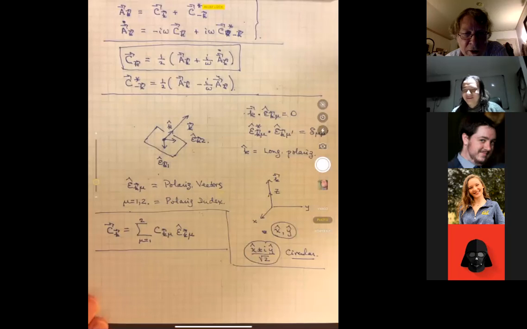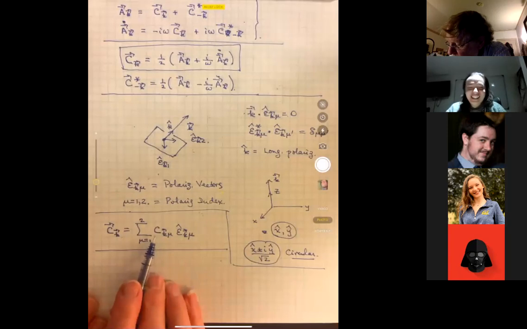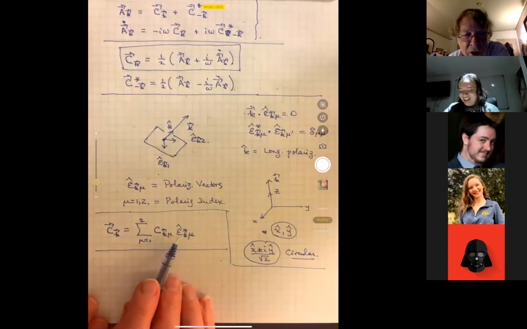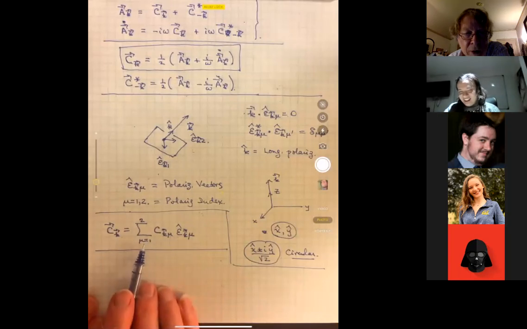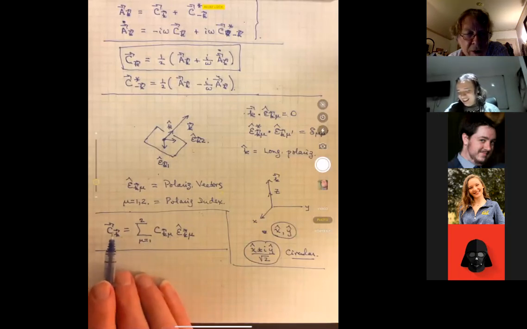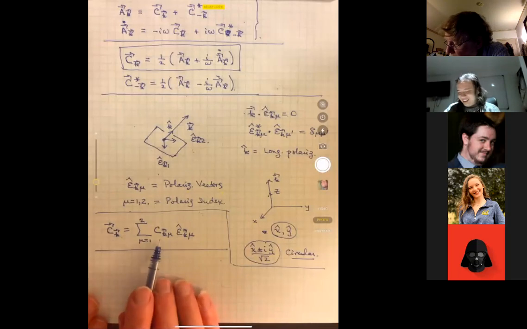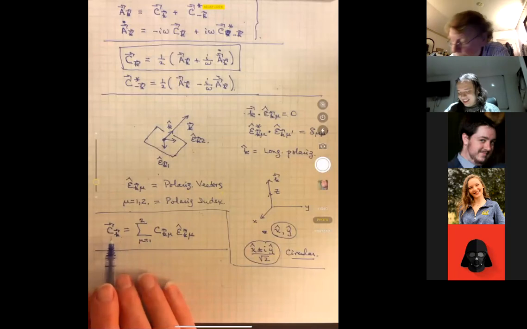Is it because it's too much trouble? Anyway, I'm leaving the arrow off here for a good reason, which is that these are not vectors, these are scalars, which are indexed by mu. There's two of them, 1 and 2, for the two components of the c vector, which really is a vector and lies in the transverse plane. So what we now have is two complex scalars, which take the place of the c sub k's.